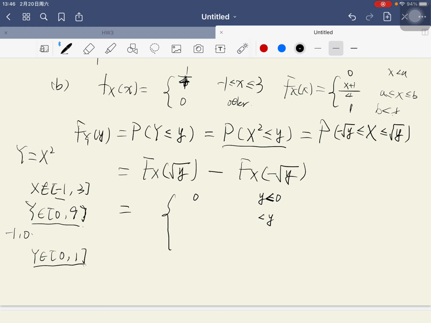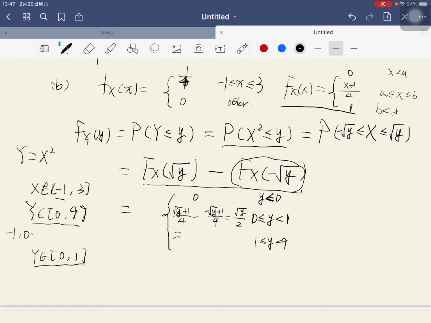When y is from 0 to 1, we could use this part, the distribution function of X at root y minus the distribution function of X at minus root y, and it is equal to the root of y over 2.